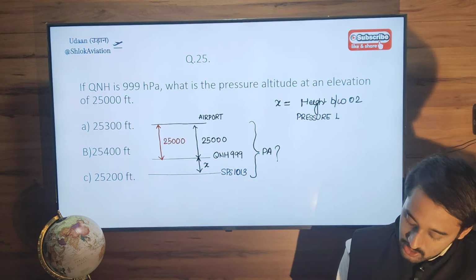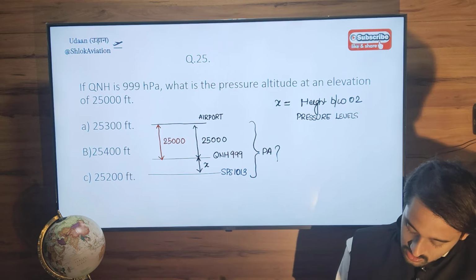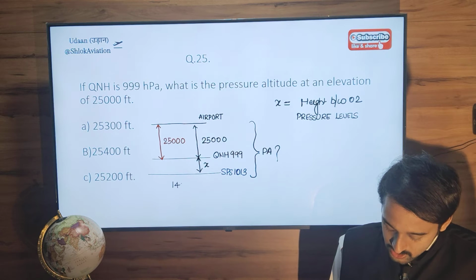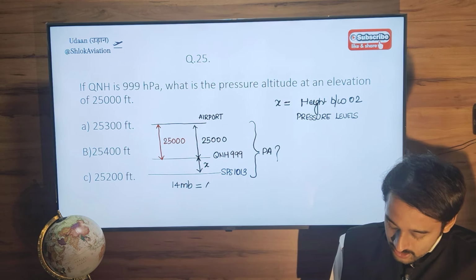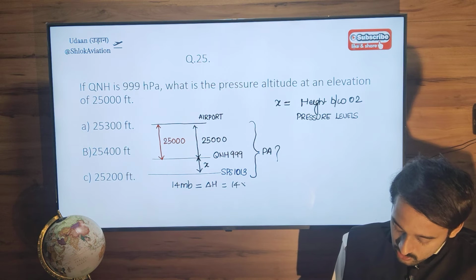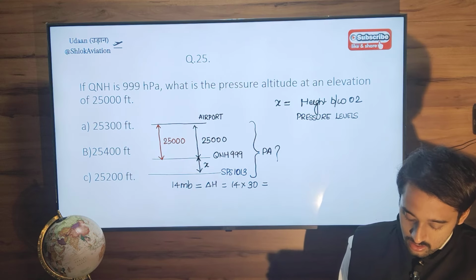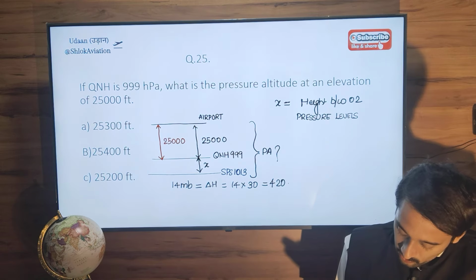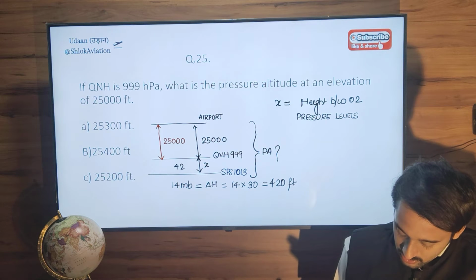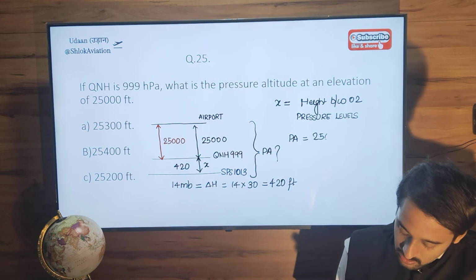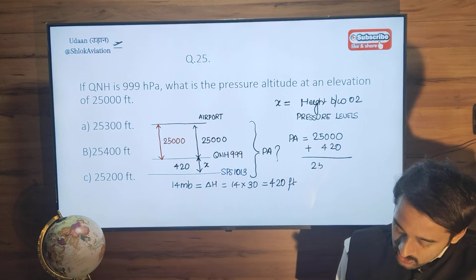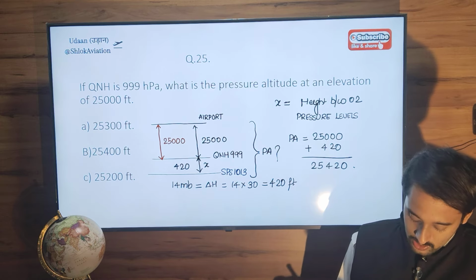So 1013 minus 999 is 14 millibars. 14 millibars is equal to a height difference of 14 into 30, 420 feet. So now total pressure altitude will be equal to 25,000 plus 420, which is 25,420 feet.